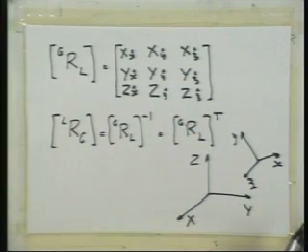Now, we have been using two terms. One, we have been using transformations of vectors and points, and we are calling the associated matrices as orientation matrices or rotation matrices. Rotation involves a displacement.